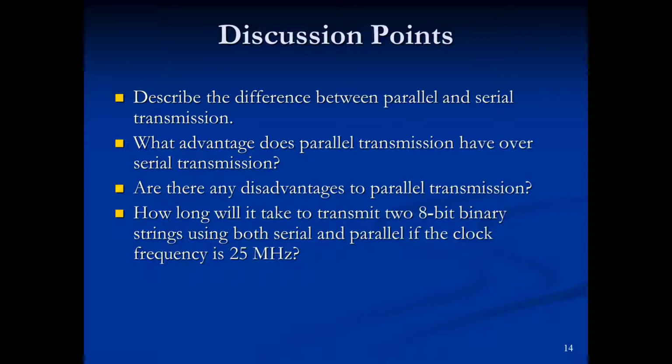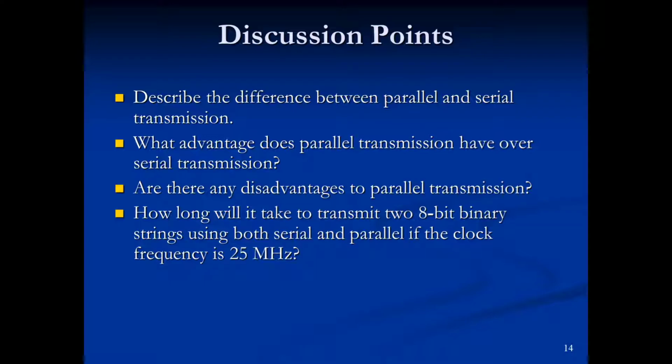So the difference between parallel and serial is basically: are we sending bits one at a time over a single wire, or are we sending several bits simultaneously over separate conductors? Serial is sending one at a time, parallel is sending several at a time. And then we discuss the advantages and disadvantages of one over the other.